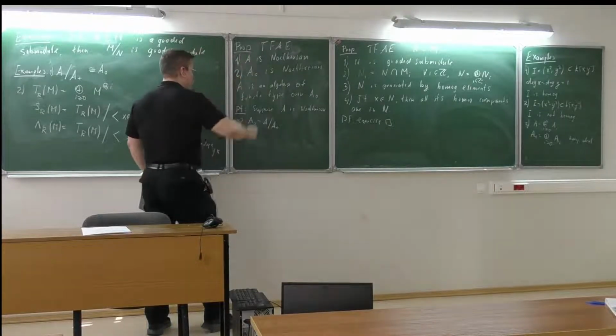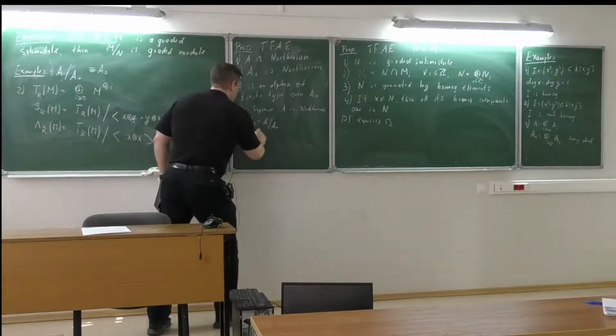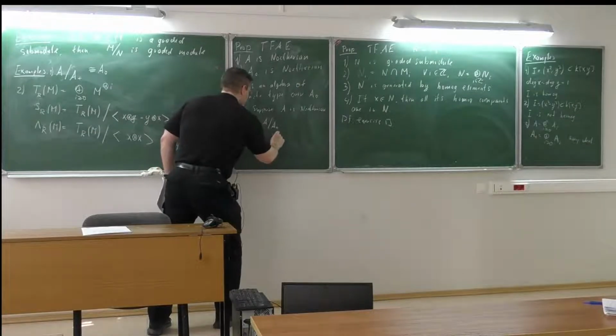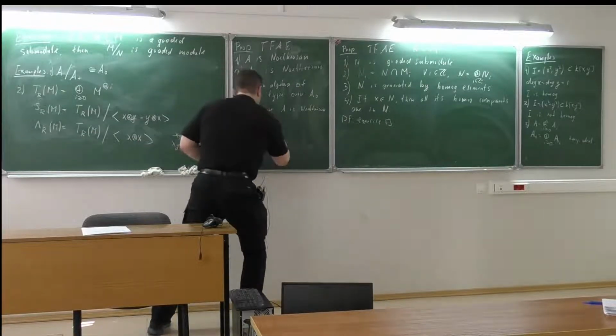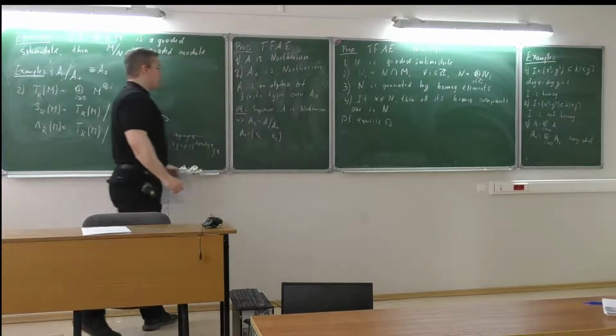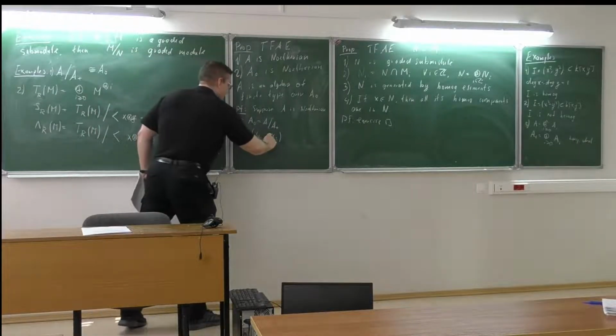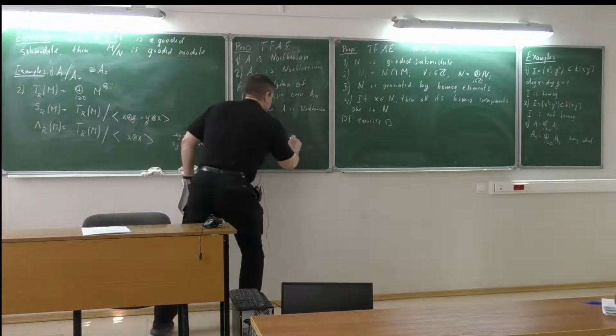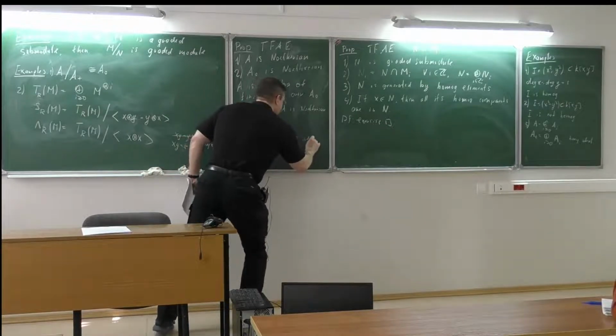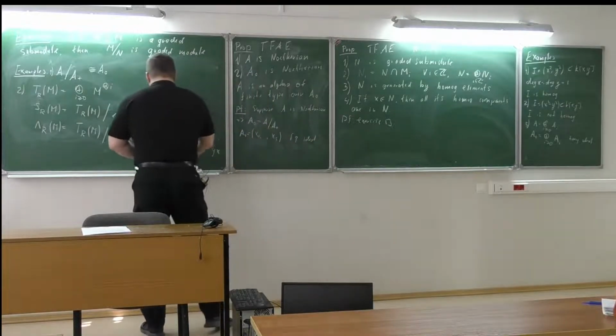So in this case, A plus is an ideal in A, and A is Noetherian, right? So I can say that this is finitely generated. Let's call the generators x1 up to xs. So this is a finitely generated ideal since we have a Noetherian ring.